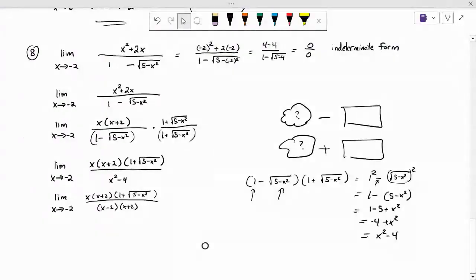All right. So now do we have that cancellation that we kind of anticipate in many of the problems? Sure, x plus 2 divided by x plus 2.